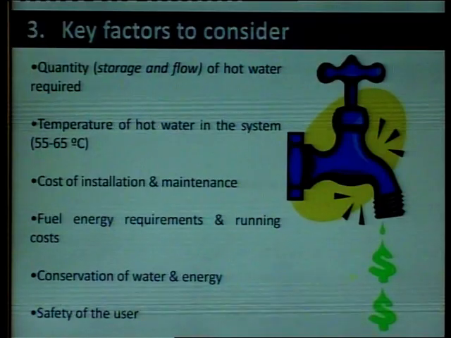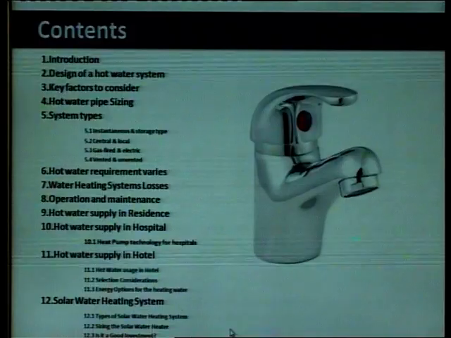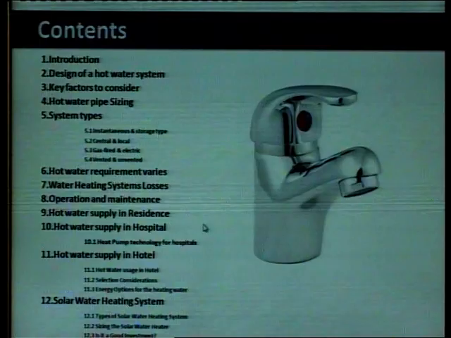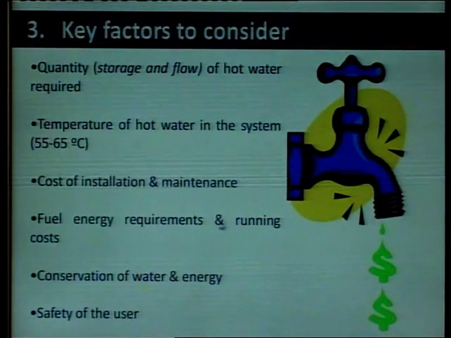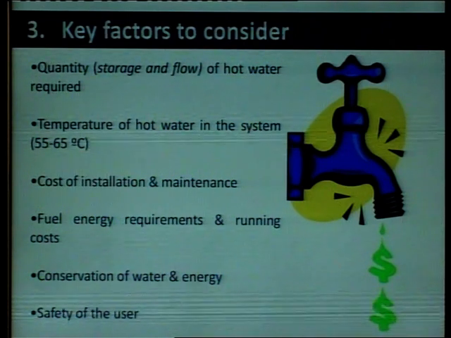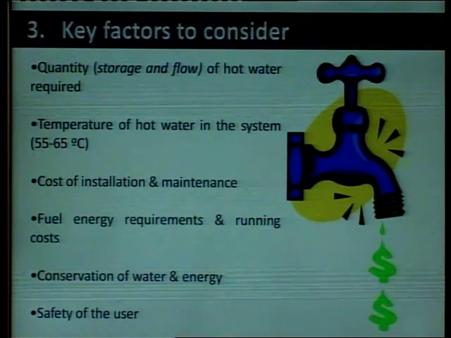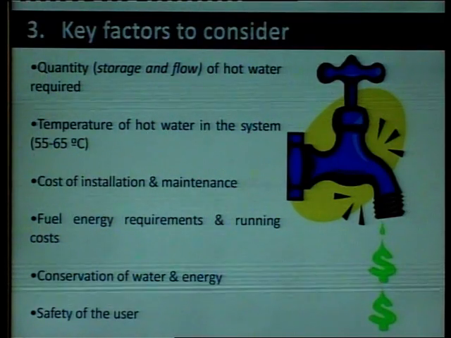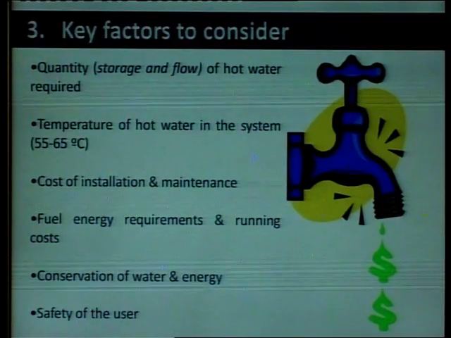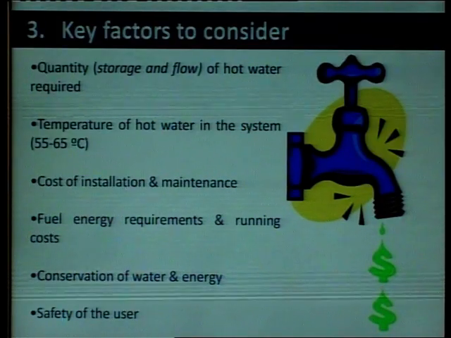As I was saying, there are issues of maintenance. Let us see here at number 8, operation and maintenance, which we will be covering today, because what happens is that in hot water supply, the source water may not be of very good quality, and then there are traces of nitrates, chlorides and sulfates which are left on the bottom of the heating surfaces of the boilers or the heaters or the geysers, and they need to be periodically maintained.